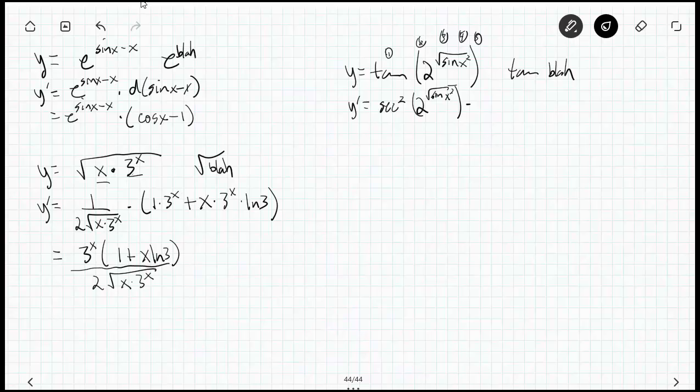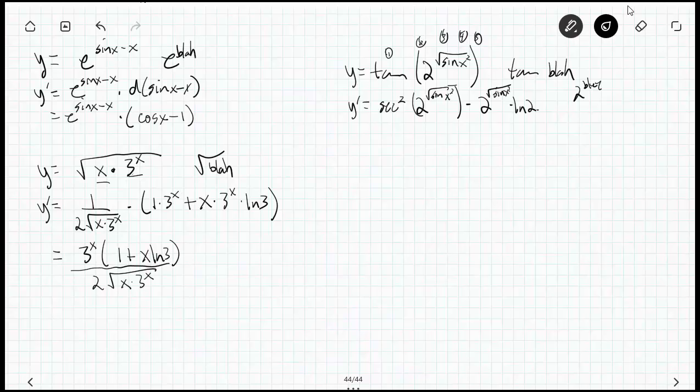So look, the tangent is dealt with. It is finished. It is said and done. So think of this as 2 to the blee. The derivative of 2 to the blee is 2 to the blee, which is 2 to the root sine x squared, times the natural log of 2. Let's not ignore that. And then times the derivative of this guy.